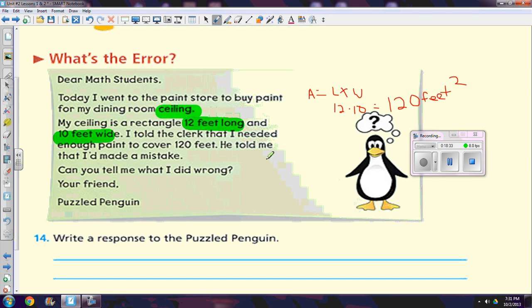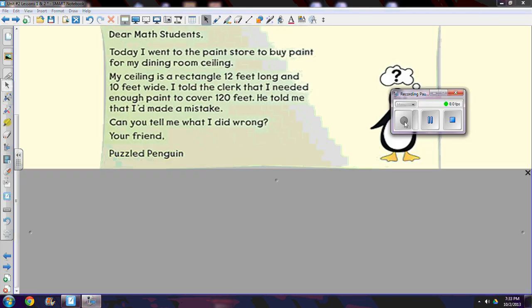Okay, so the ceiling is just one side of your rectangular room, the top. So by taking 12 times 10, you would be finding the area of the ceiling, and that's all you would be painting.